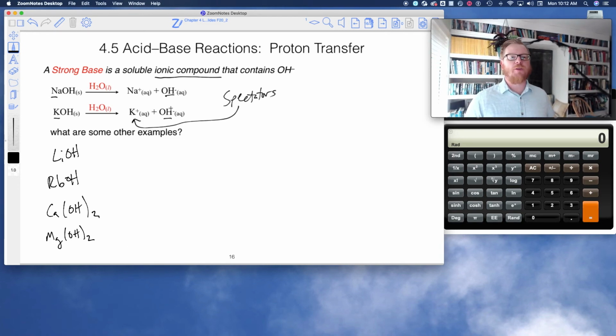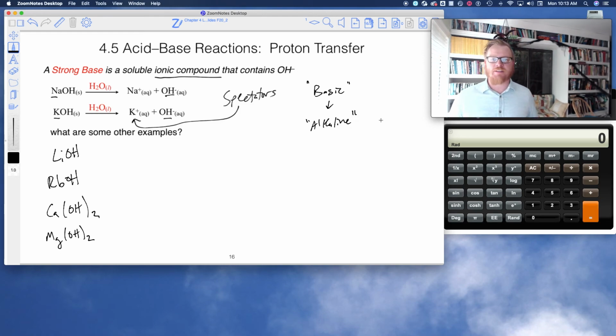So another thing that we say for basic, these compounds are bases, they have basic properties, would be alkaline. And this has become a funny joke in the running years because I call students out for being basic.